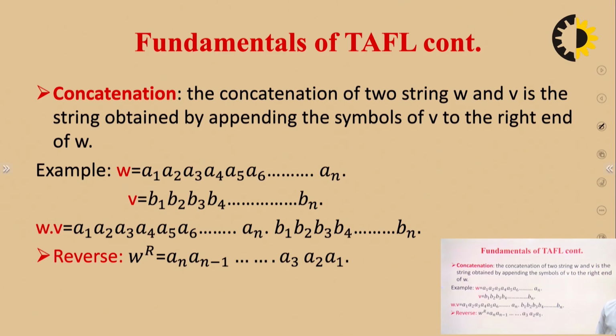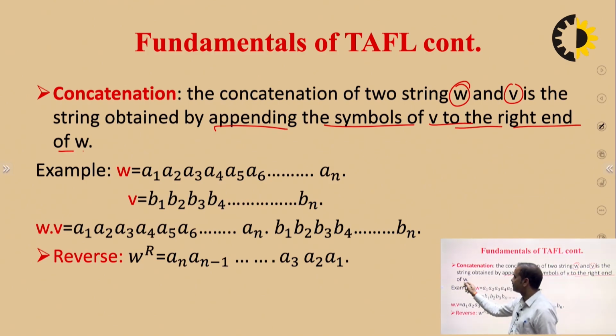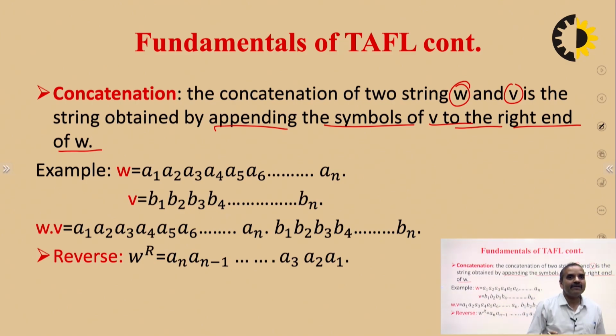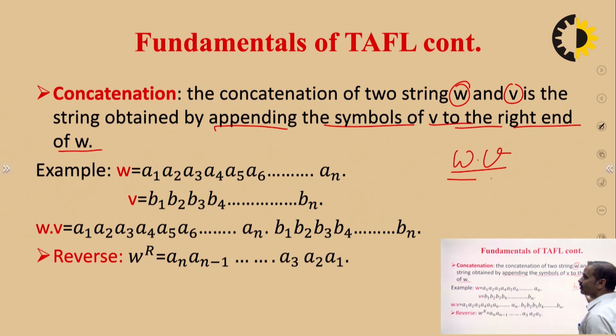The concatenation of two strings W and V is the string obtained by appending the symbols of V to the right end of W. First we write W, then we write V, and this is called W dot V. This is the concatenation of strings.